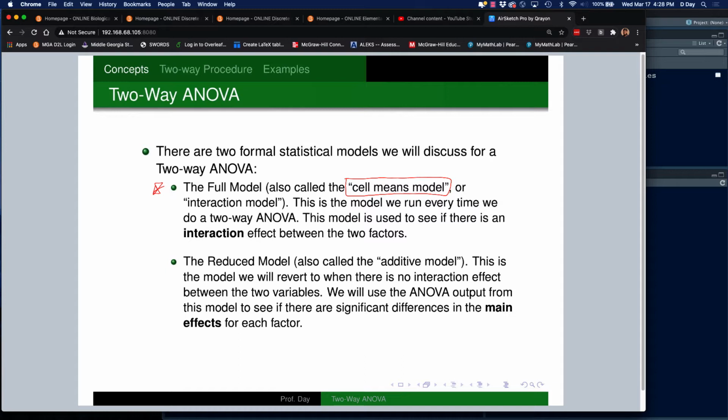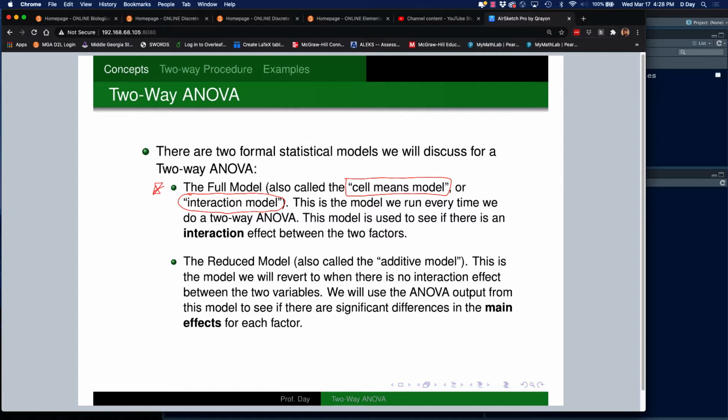Or the interaction model, which is the one I prefer. I like either full model or interaction model. This is the one we'll run every time, and it's a lot like the chi-square test of independence when we're trying to see if the two factors have an interaction. In other words, do they affect each other or not? This model is called the interaction model for that very reason, because we're running an ANOVA to see if there's an interaction effect between our two factors.